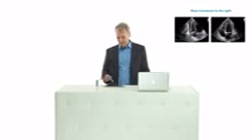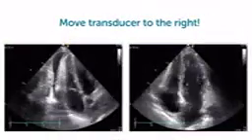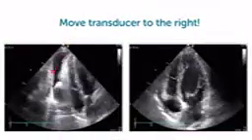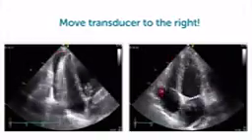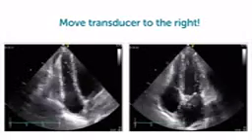And to see the pericardial effusion here, you need to use a little bit of an atypical view in the sense that you move the transducer more to the right and sometimes slant the transducer so that the septum is a little bit more slanted toward the left. So here would be the pericardial effusion neighboring the right ventricle, which you don't see as nicely here in a normal standard four-chamber view.